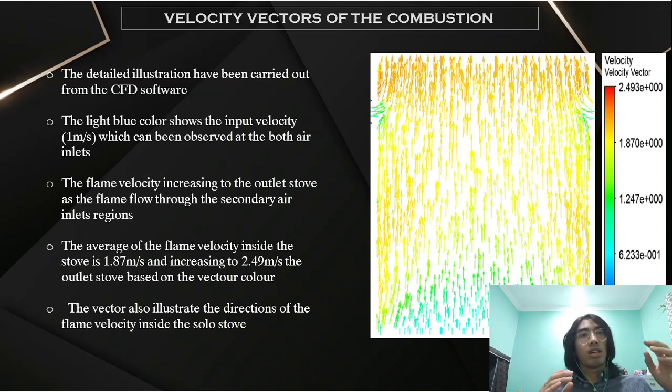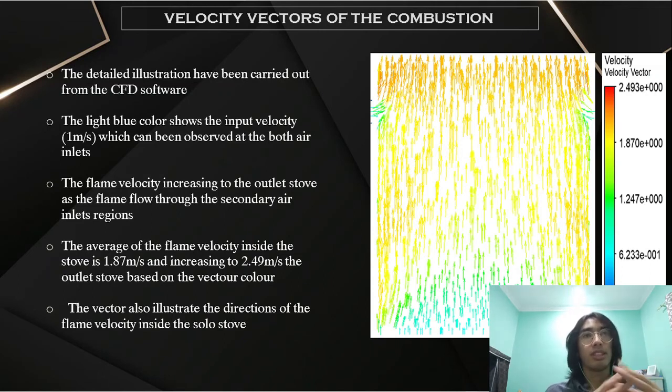The combustion flame velocity starts to increase after the middle of the stove. As the flame enters the secondary air regions, it will start to increase to the maximum velocity.